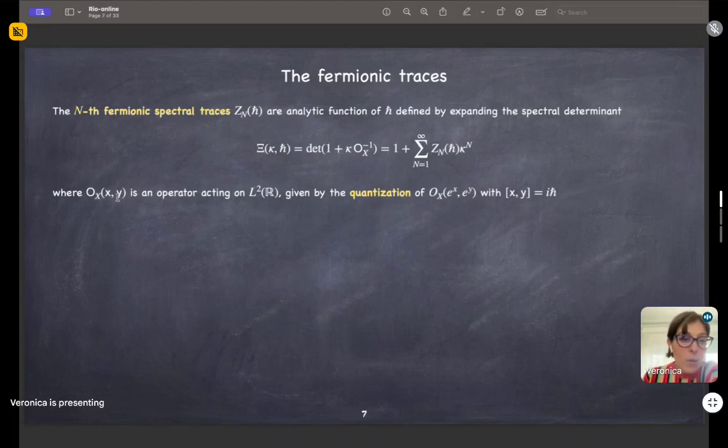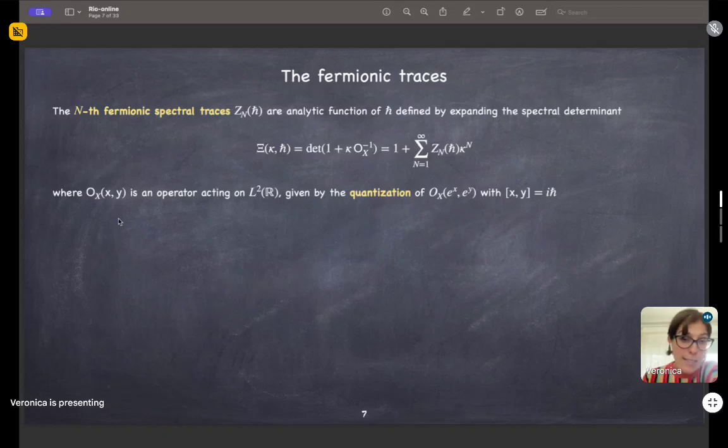And here these X and Y are two operators that do not commute. And in fact, the constant h bar that one has to introduce is precisely what measures the non-commutativity of X and Y. Now, once you have this operator, it is not trace class.